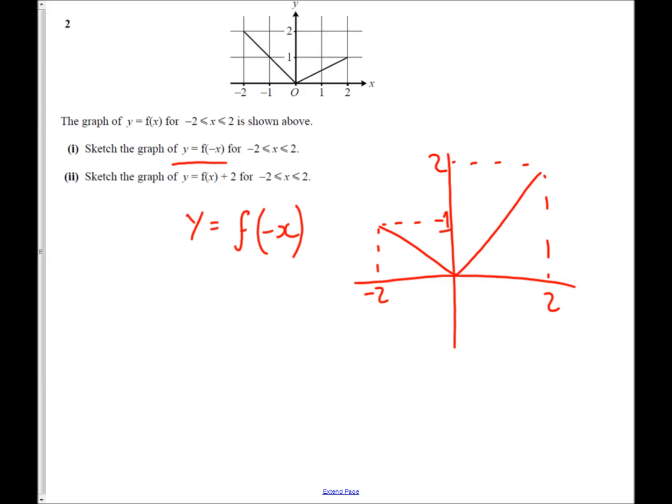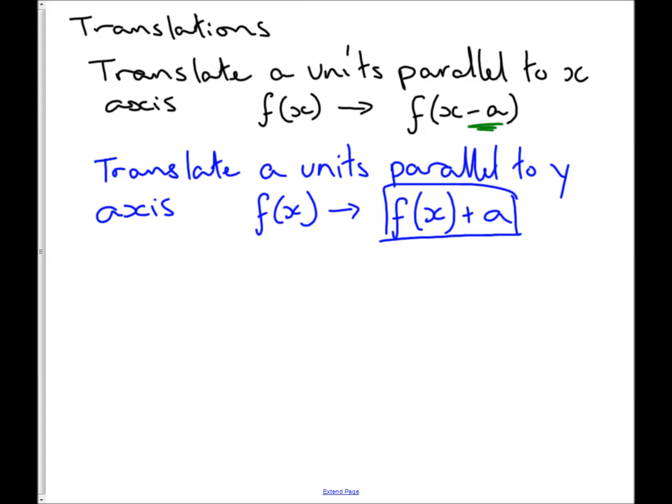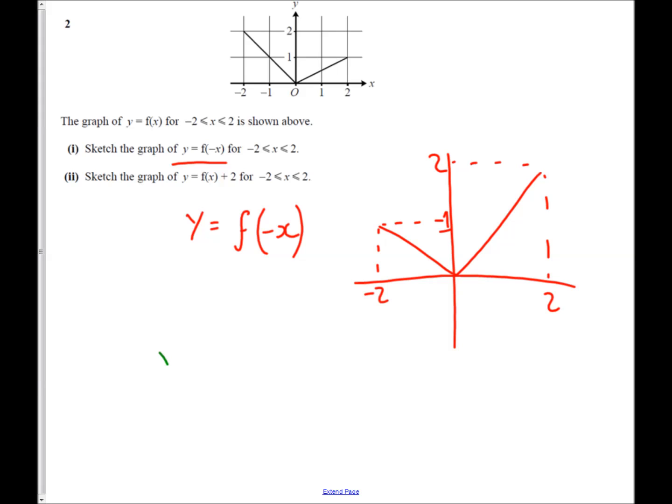And then the second one, sketch the graph of y equals f of x plus 2. The key thing to note here is that I'm adding 2 outside of my brackets, so you can see it's going to be a translation of 2 units parallel to the y-axis. I can say y equals f of x plus 2. And then I can just sketch my axes.